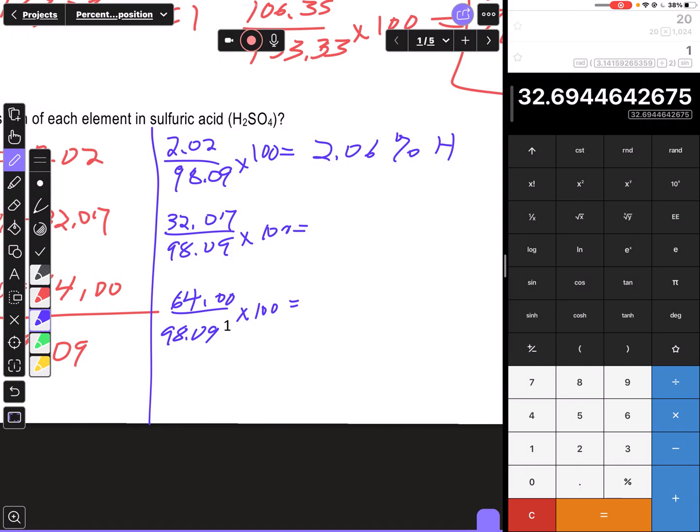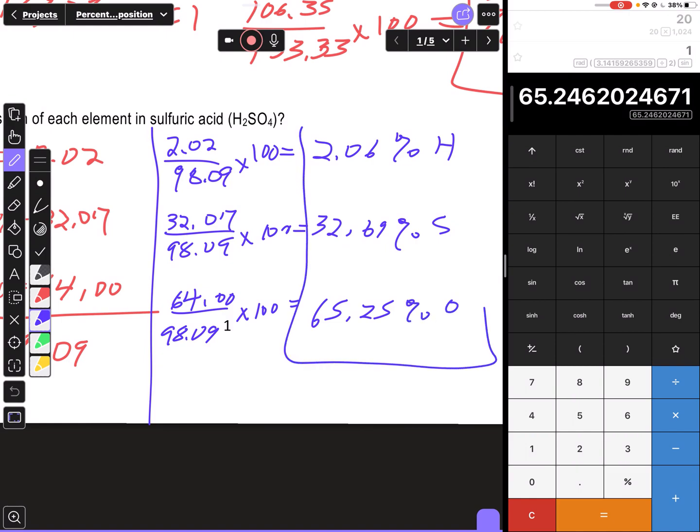That's 32.694, which would be 32.69. That would be percent sulfur. And then last for the oxygen, 64 divided by 98.09 equals that, multiply it by 100 to get a percent, and you get 65.25. That's how it would round. That'd be percent oxygen. And that should be my answers right there.